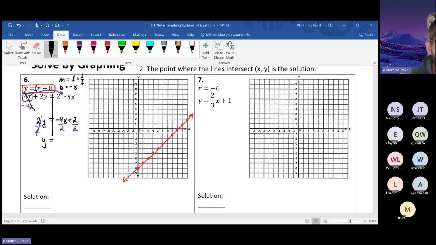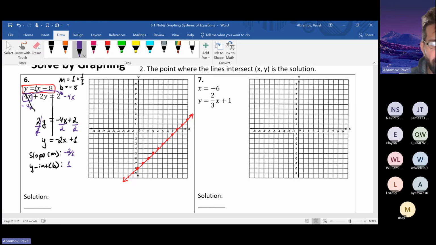And therefore, we'll have y equals negative 4 divided by 2 is negative 2x, and then 2 divided by 2 is 1. So now this is in y equals mx plus b form, so we can figure out the slope and the y-intercept. The slope is, of course, negative 2, or we can write it as negative 2 over 1, and the y-intercept is just 1.